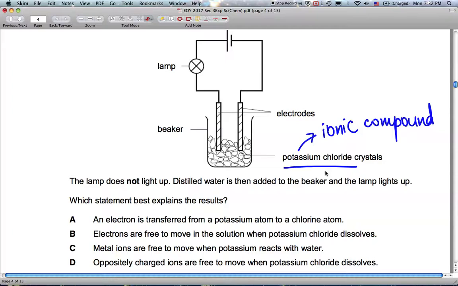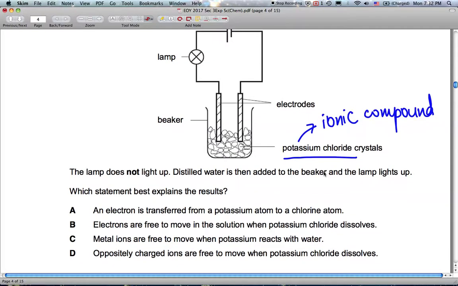So from the notes, we have learned that in the solid state, the ionic compound has a giant lattice structure. This giant lattice structure causes the ions to be held in fixed positions and therefore unable to move around to conduct electricity. However, when we introduce water, the giant ionic lattice structure is broken down and therefore the ions are free to move about to conduct electricity.